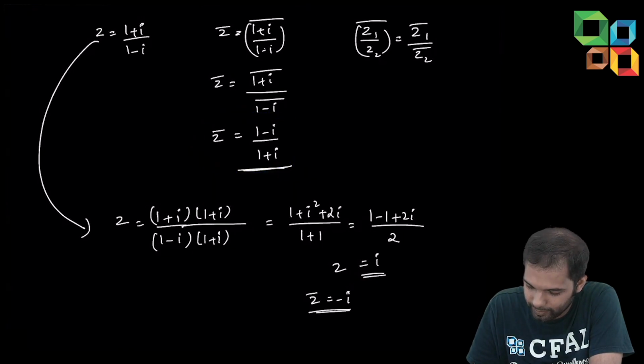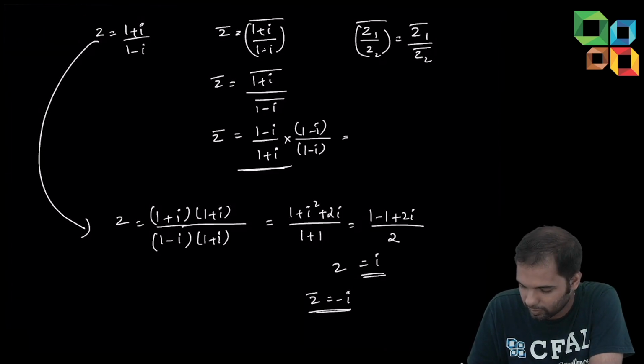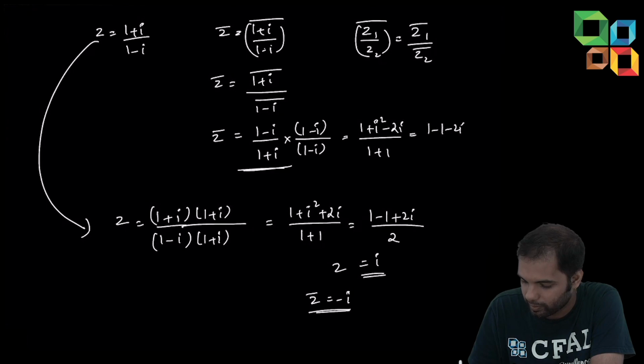So again, how to simplify? We multiply with the conjugate, 1 minus i into 1 minus i. Fine. The denominator is 1 plus 1. Numerator is 1 plus i square minus 2i, which is nothing but 1 minus 1 minus 2i by 2, which is nothing but minus i.